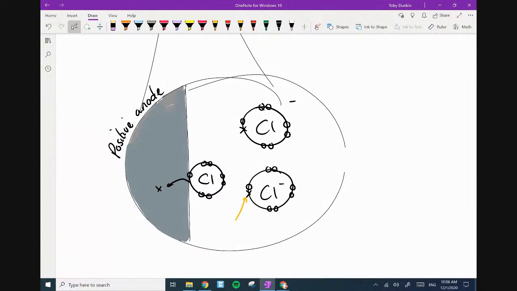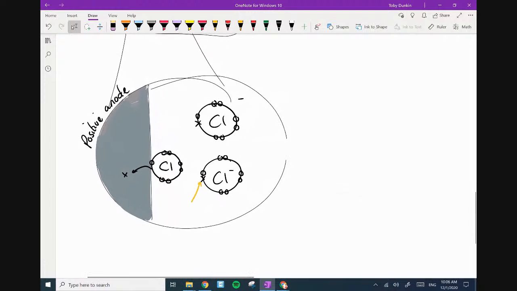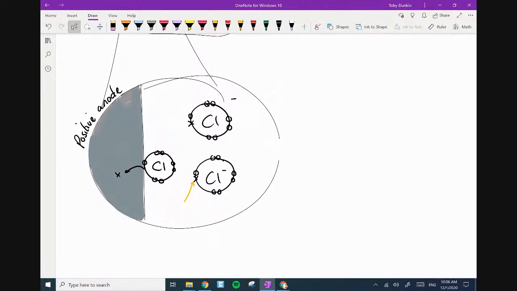So when it gets ripped off, the chloride ion actually becomes a chlorine atom. If you look at what happens with the two of them, do you notice it's getting smaller too?